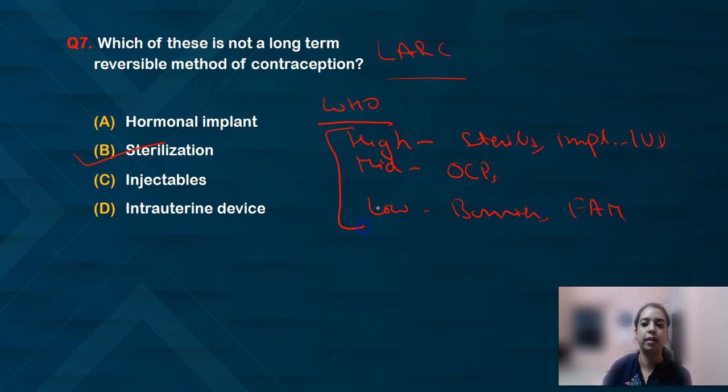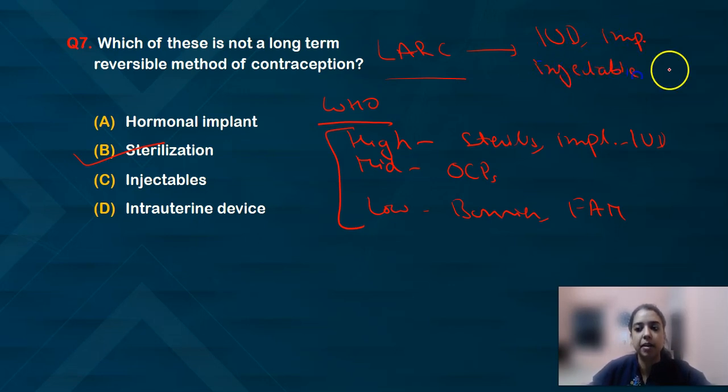This is how WHO divides its contraceptive methods. Long-acting methods are those in which repeated monthly doses are not needed. Long-acting reversible contraception involves IUDs and implants, but injectables are also included, because injectables have to be repeated every 3 months. So they are also long-acting reversible contraceptive methods, right?